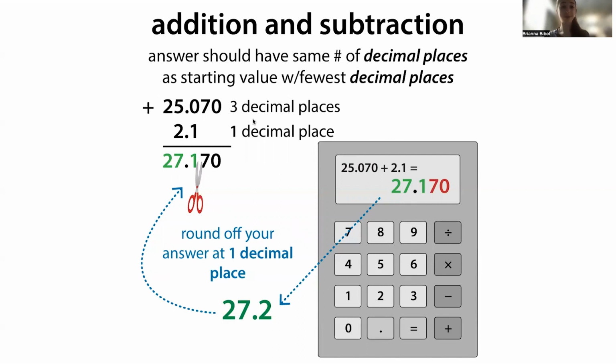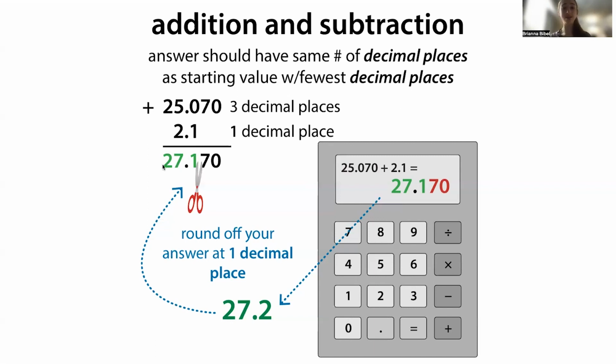So remember, these would be two significant figures, and this would be like five significant figures. But in the case of addition and subtraction, all we care about is the digits after the decimal place. So we go for the one that has the fewest digits after the decimal place.